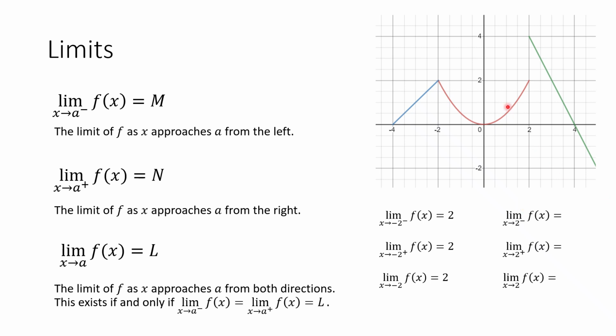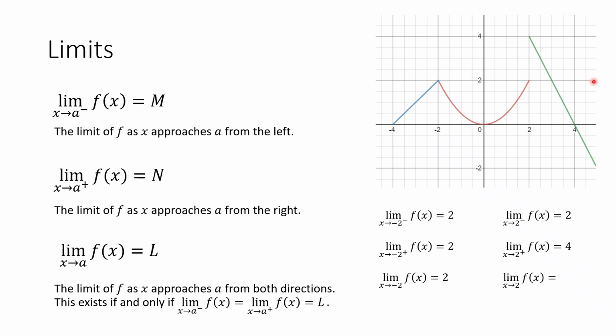If I instead look at the value of positive 2 for x and I approach it from the left, it's also going to approach 2. That's a coincidence, basically, just because of the parabola. That's not always symmetrical or equal. However, if I approach the value of 2 from the right, which is then along this green function, I'm going towards 4.